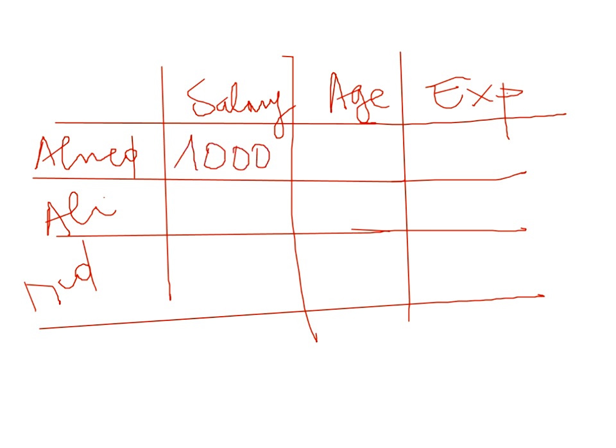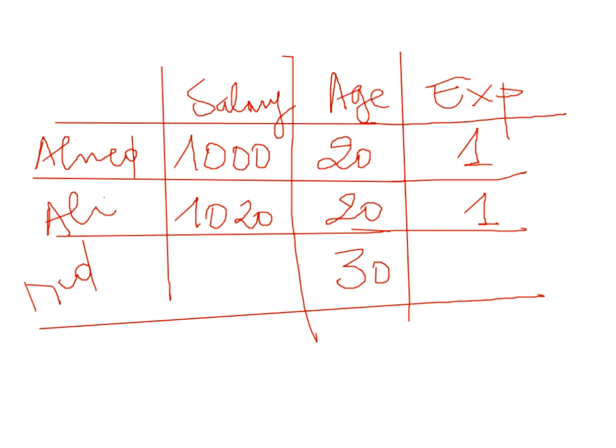So here, for example, 1,000, 20, 120, 30, 1, 4.